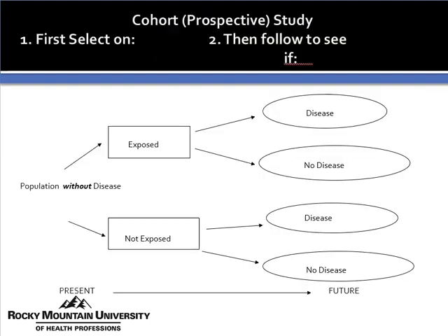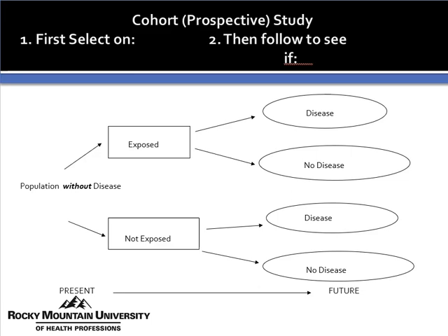So here is a great way to think about what a prospective cohort study would look like. You have your population without disease or injury, and they are assembled in the present. And then you're going to dichotomize them or categorize them into one of 2 groups. Those who are exposed, that is our at-risk group, the group that we think or we hypothesize is at greater risk of injury.